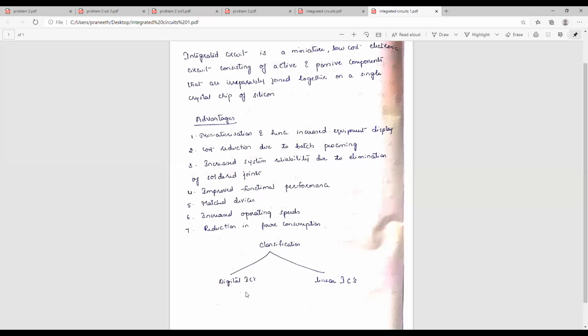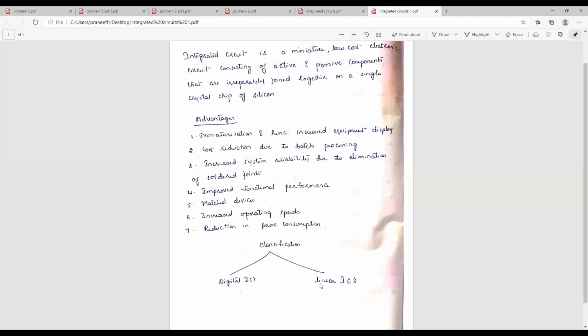So digital ICs are specifically used for digital applications only. The examples I told you, like 7400, 7402, 7404, are all examples of digital ICs. So digital ICs will specifically perform digital applications only, right?